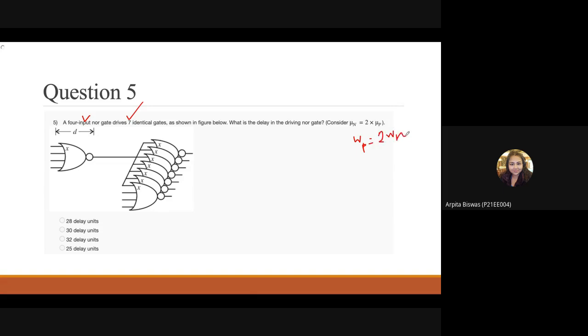Now tell me how to calculate it. See what is given here.